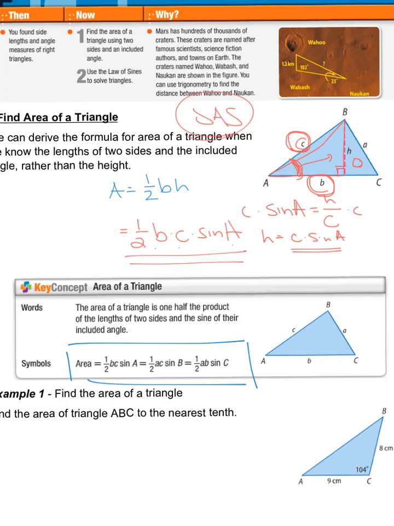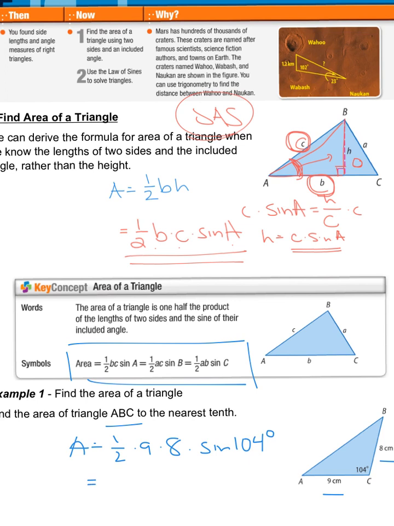So if I'm looking to find the area in example 1 of triangle ABC, even though it's not a right triangle, I can still figure out the area using my formula. I have 1/2, then the product of the two sides, and then it's always going to be the sine of the interior angle.